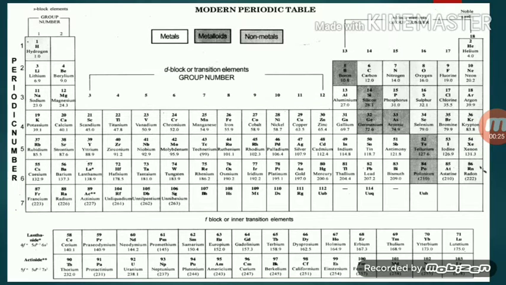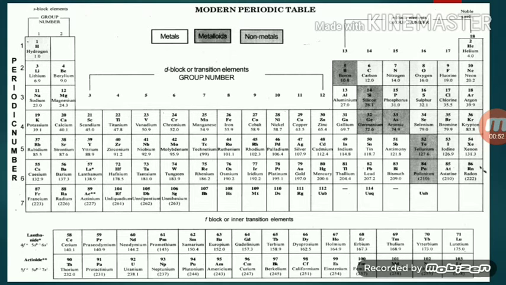Okay, so on the left side there are metals, and as you go from left to right, you find a greater number of non-metals, and the shaded boxes are the metalloids.